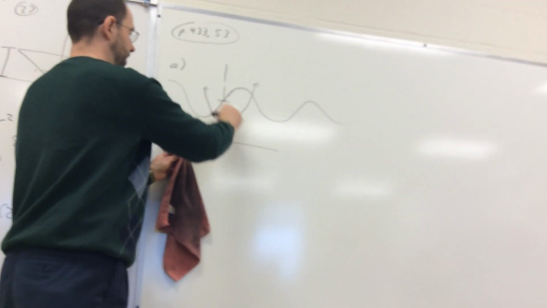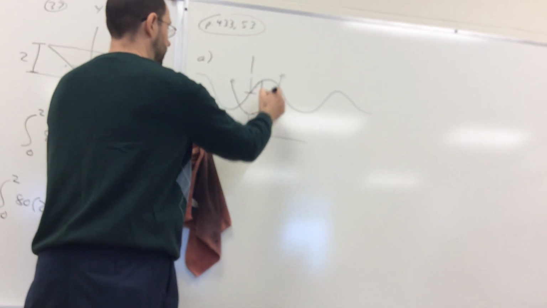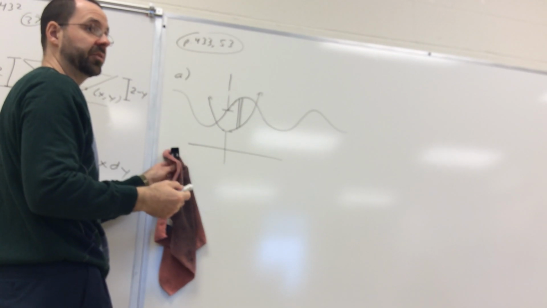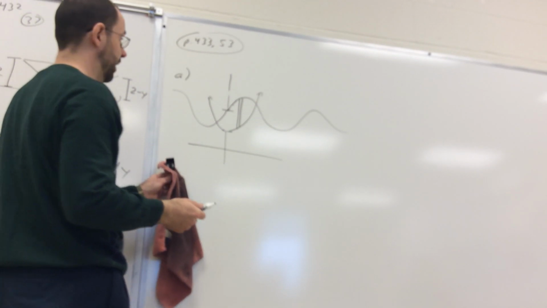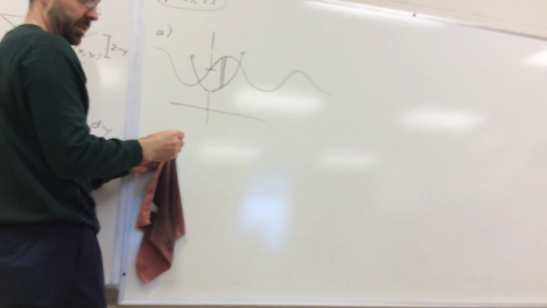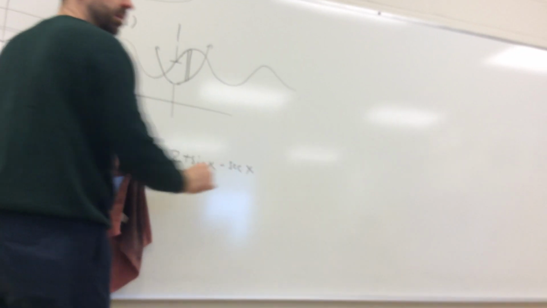So we've got to find the area of that region. We just draw rectangles in there and find the area of all those rectangles. The height of that rectangle is that y value minus that y value, so 2 plus sine of x minus the secant of x.